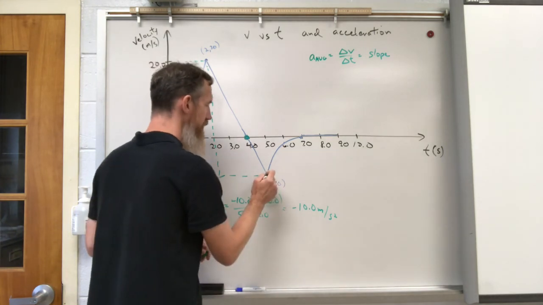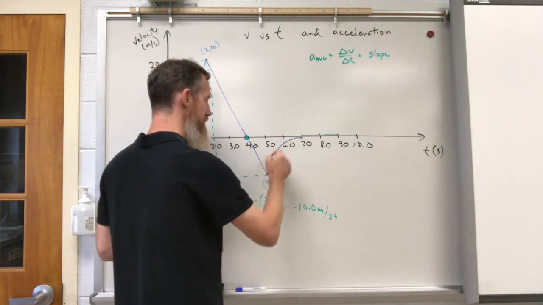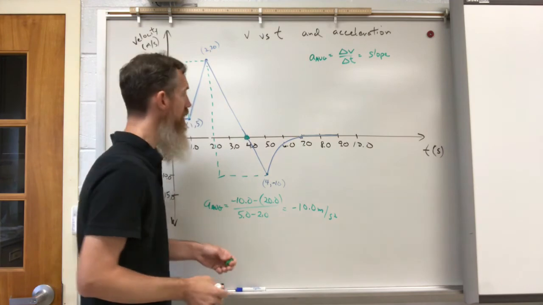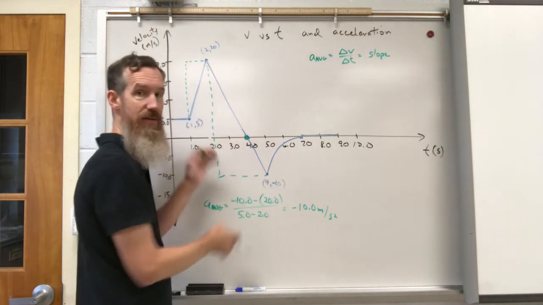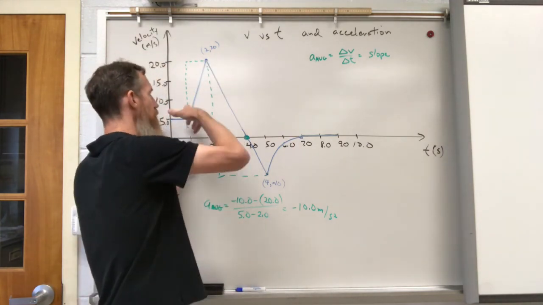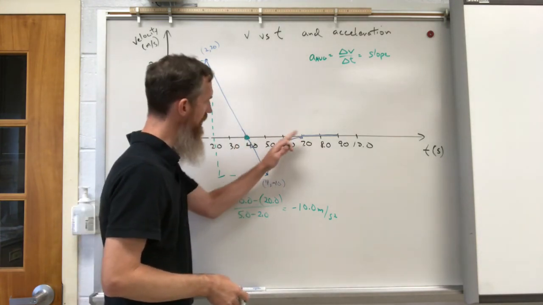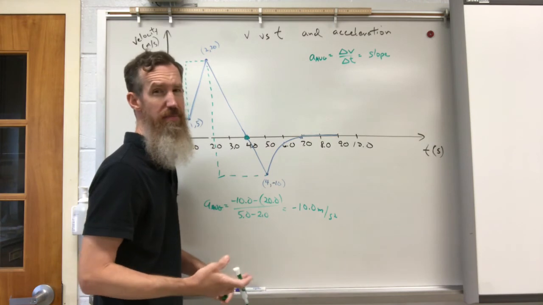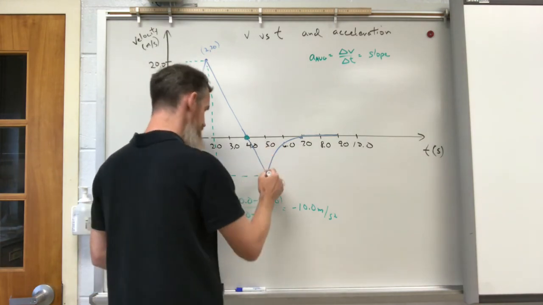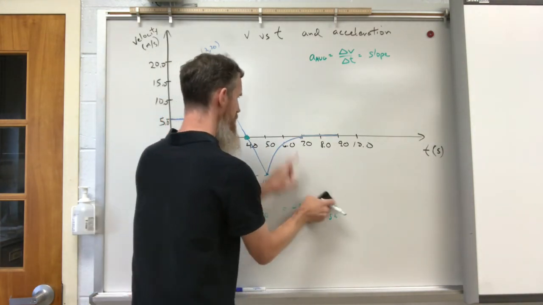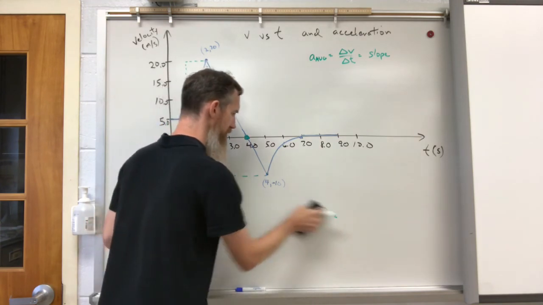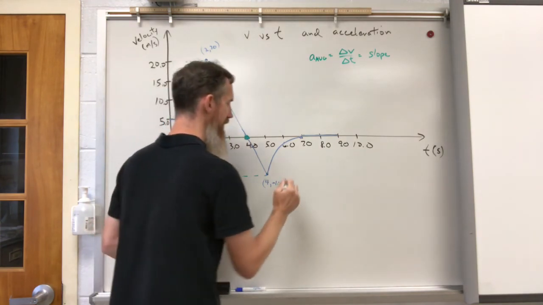Once we reach this point, and we go to here, suddenly we can't do a slope anymore. These are nice constant accelerations. They're the same acceleration throughout the entire little segment of motion. Here we have a non-constant acceleration, which we won't deal with much in this class. Can I do an average acceleration from this point to this point? Yes, I can do an average acceleration, but I can't say it's constant.